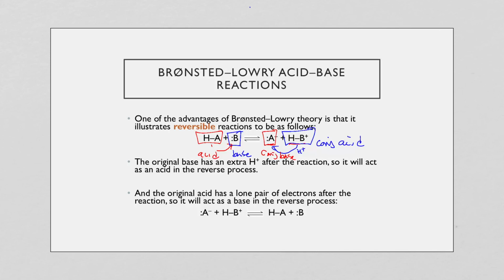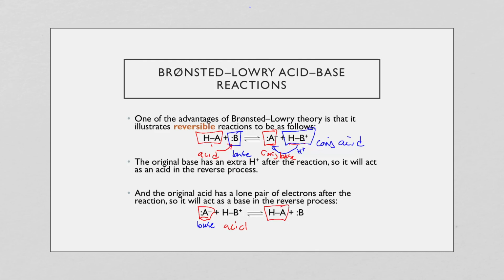And these names come from the fact that if we think about the reverse reaction, my conjugate base is now my base, and my conjugate acid is now my acid. And they go back to form their partner.